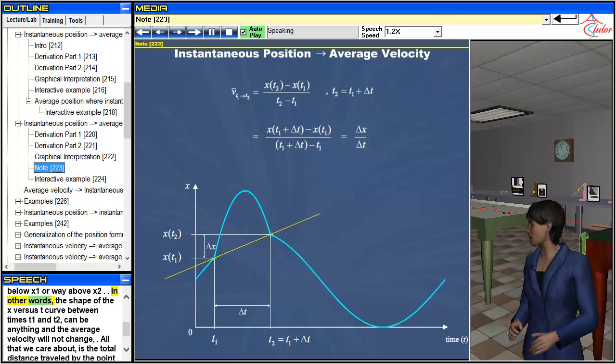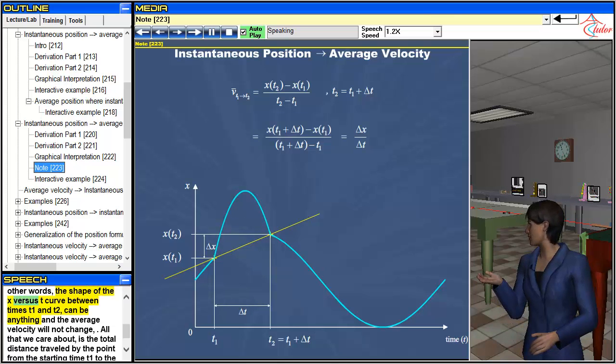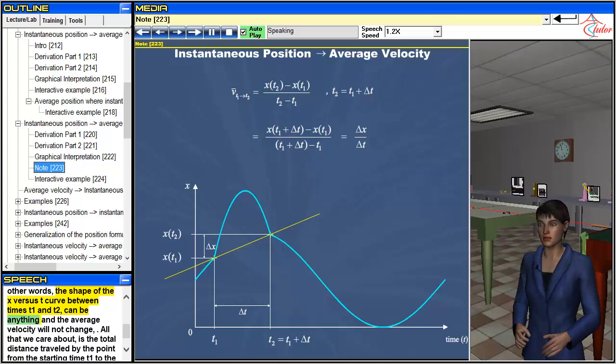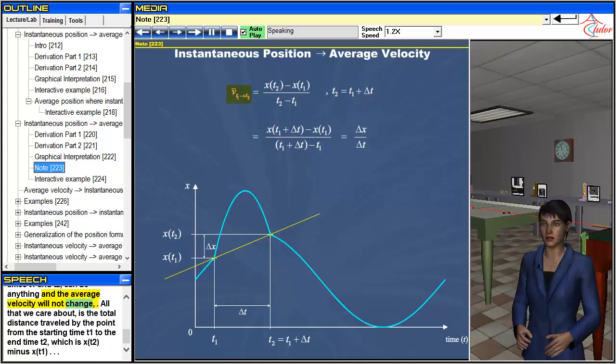In other words, the shape of the x versus t curve between times t1 and t2 can be anything, and the average velocity will not change. All that we care about is the total distance traveled by the point from the starting time t1 to the end time t2, which is x of t2 minus x of t1.